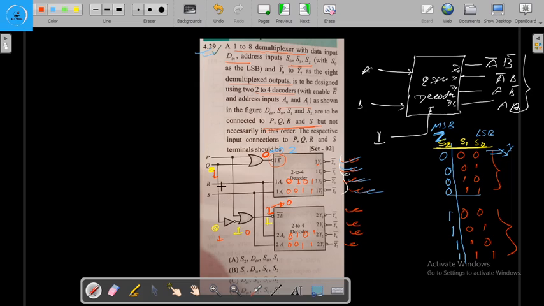So we can say that P is connected to the DIN, Q is connected to the S2, R is connected to the S0, and this S is connected to the S1.